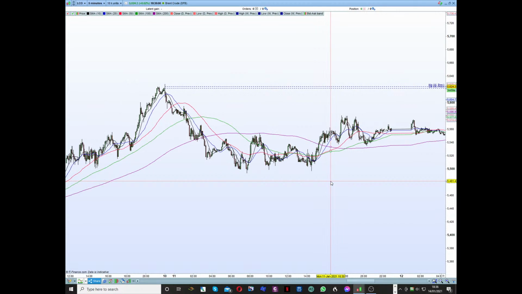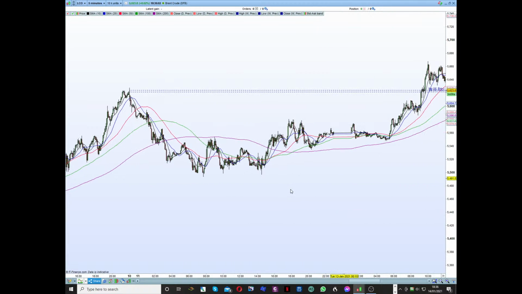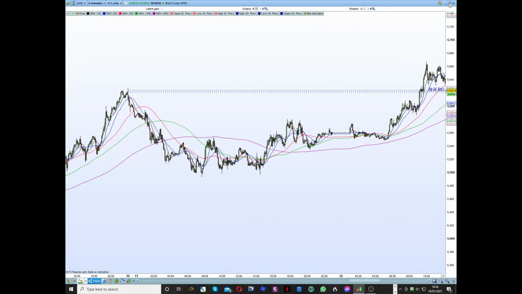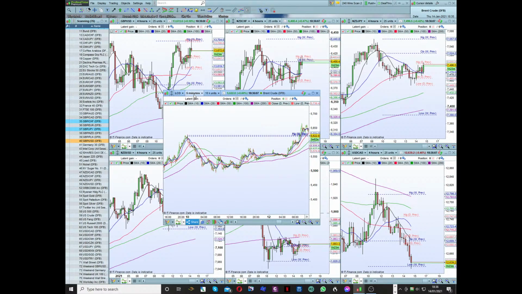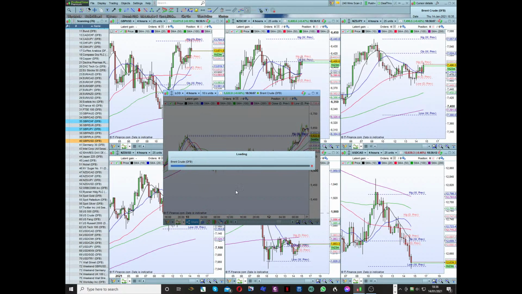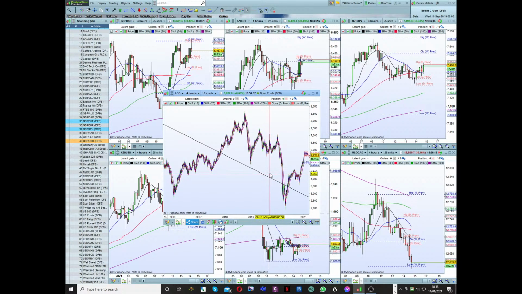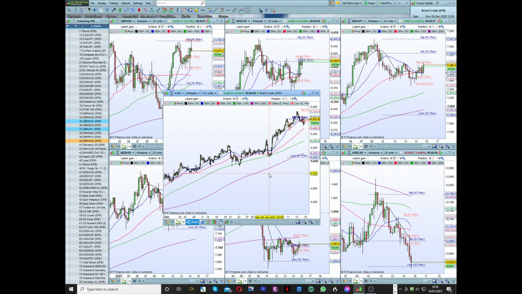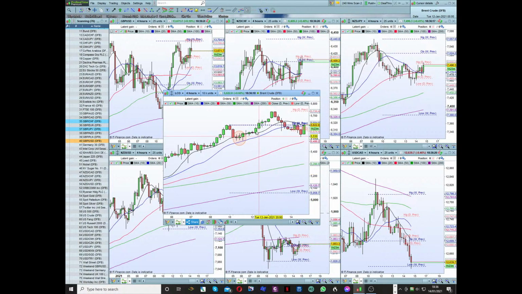Not too much there in terms of structure, but what you might want to look for is, let's just come up to the 4-hour again. Let's put a line in. We like lines in trading.